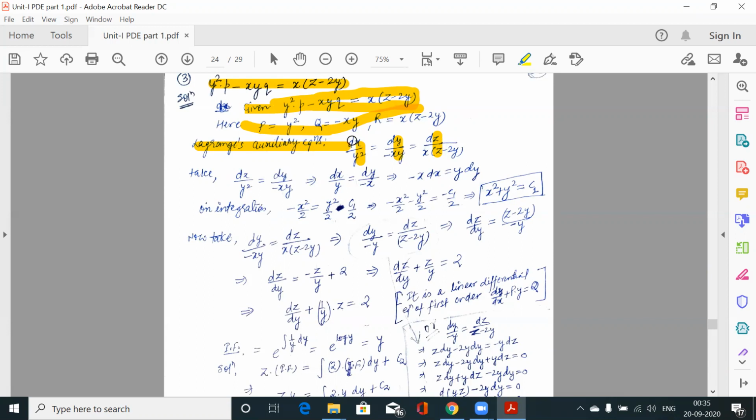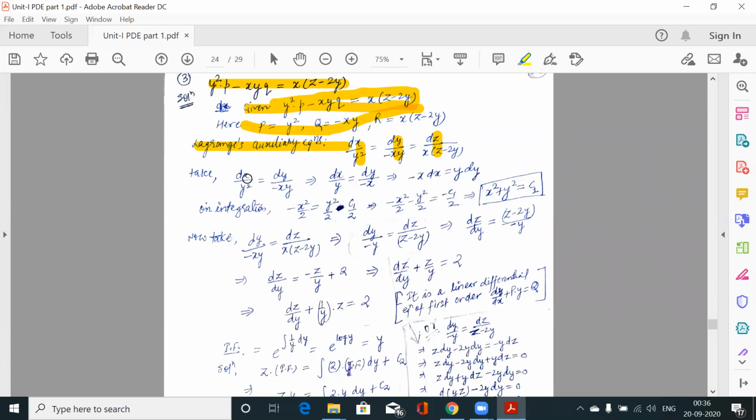So one integration we can directly see: if we take these two fractions, first and second, then dx over y square, dy over minus xy. Because we have dx, dy, all terms are in terms of x and y, so we can integrate. This x can go this side, this y square can go this side, so we can integrate directly.